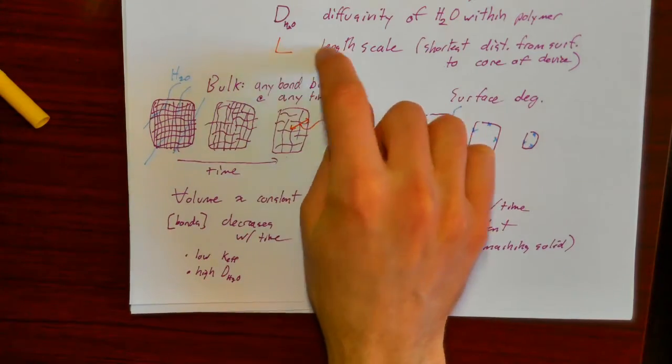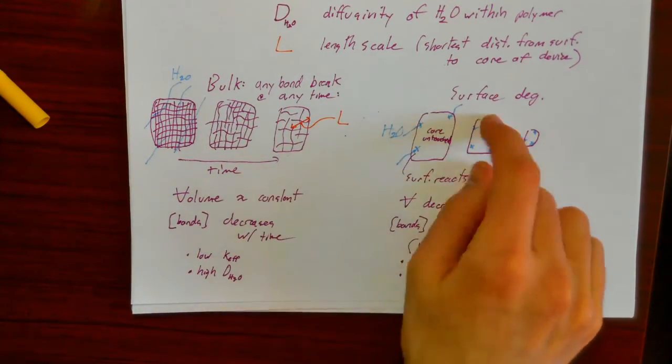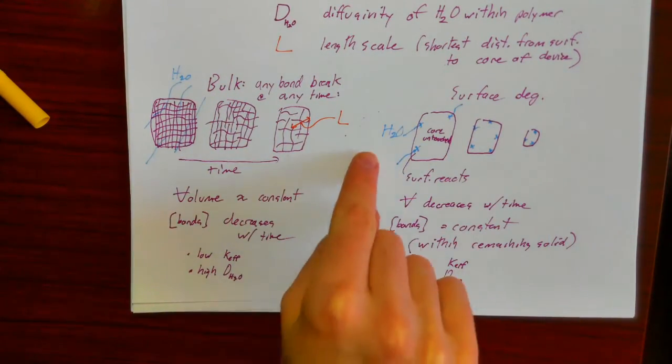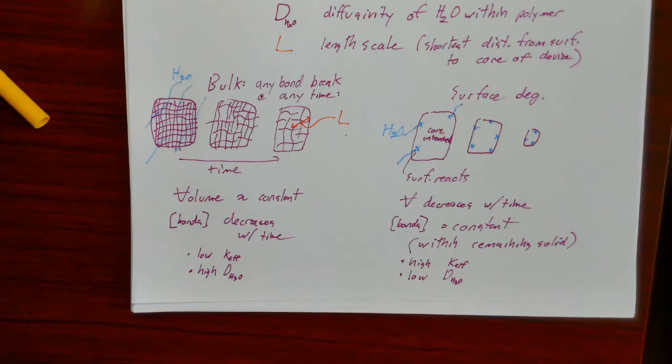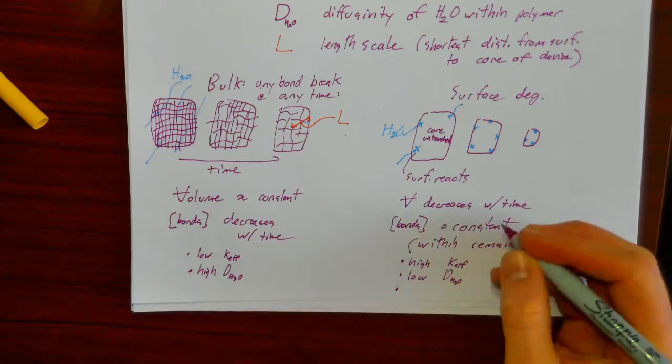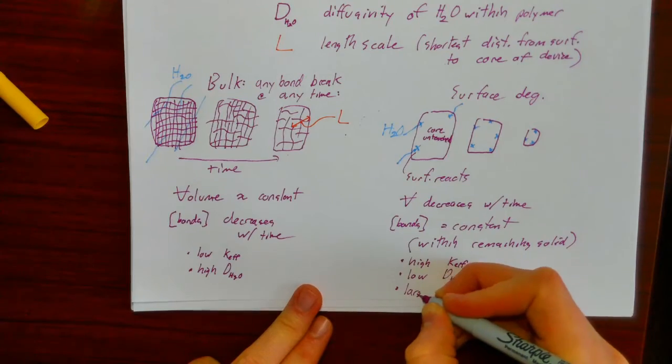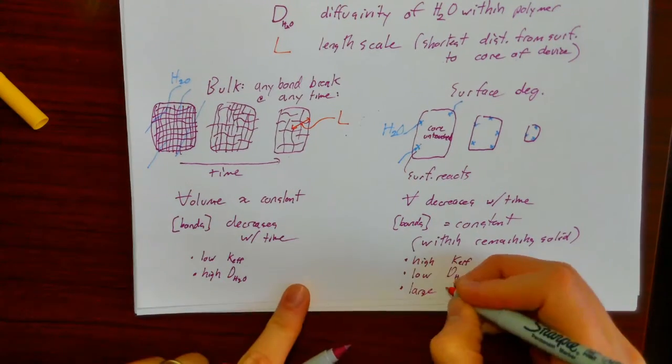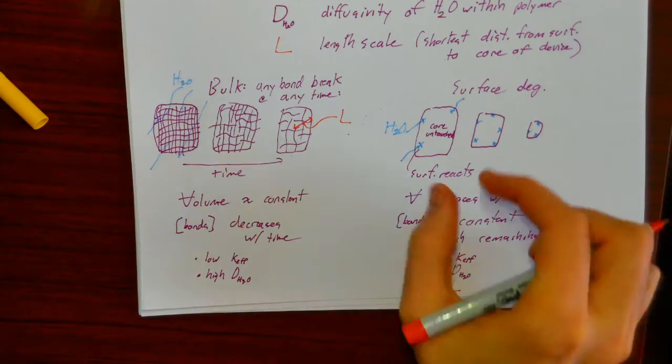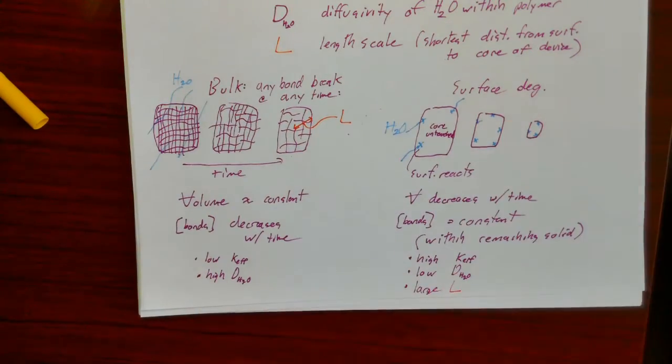So for very large objects, we anticipate surface degradation because that water just can't make it all the way to the center. So surface degradation is associated with a large L, a large length scale. Basically, big things tend to erode, that is, surface degradation.